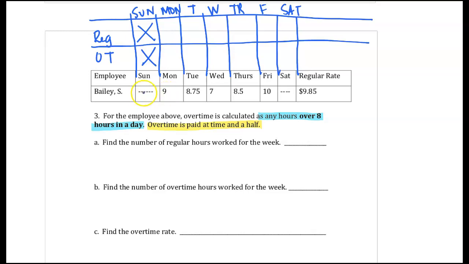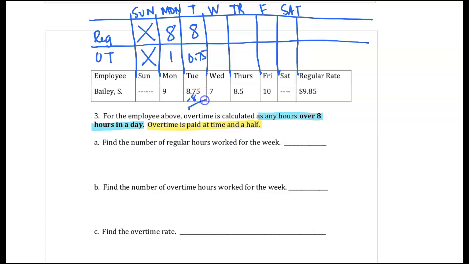On Monday, 9 hours were worked. The first 8 hours go in regular, and then the other hour, to total 9, would be overtime, so that your regular and your overtime total up to 9. On Tuesday, again, the first 8 hours go to regular, and the extra 0.75 hours go to overtime.